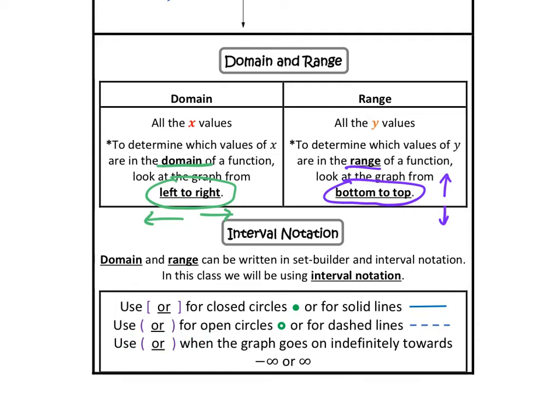Parentheses, we use for open circles or open dots, or if we're talking about an asymptote, we might use a dashed line. And we also use parentheses when we're defining something that goes to infinity in both directions, right? Negative and positive. So we're talking about negative infinity and positive infinity. Those are our end locations and starting locations, whatever they may be. We're going to use parentheses next to them.